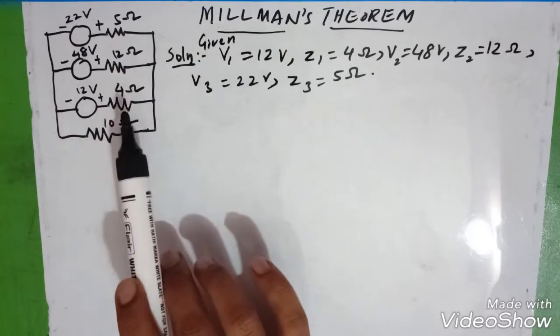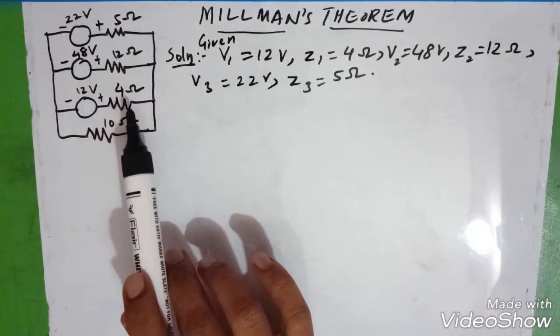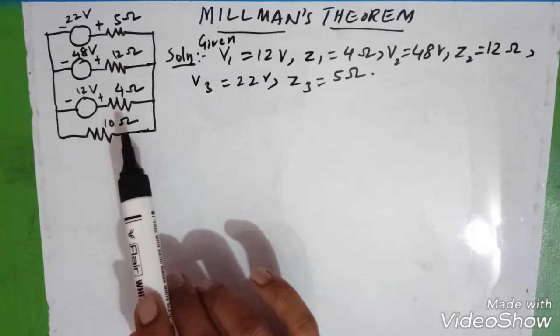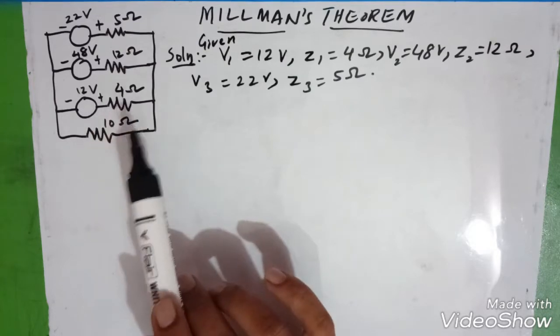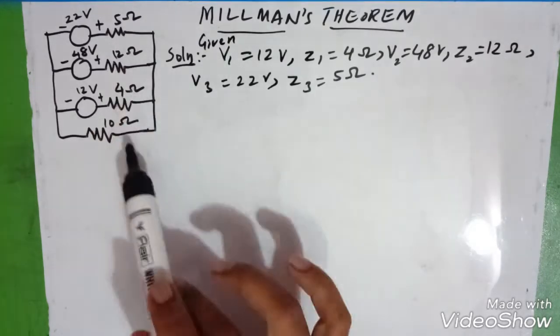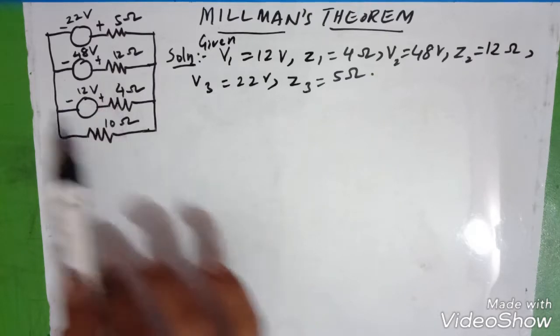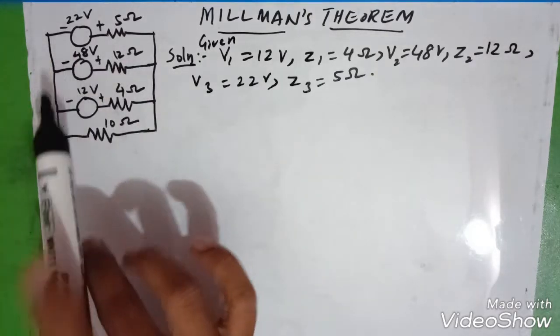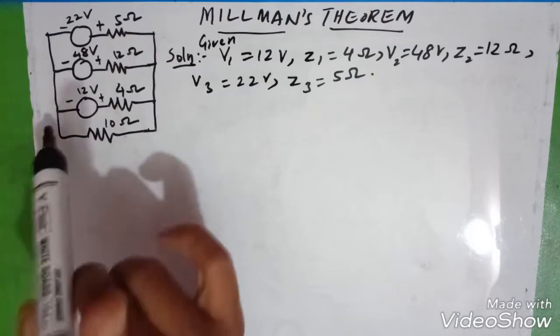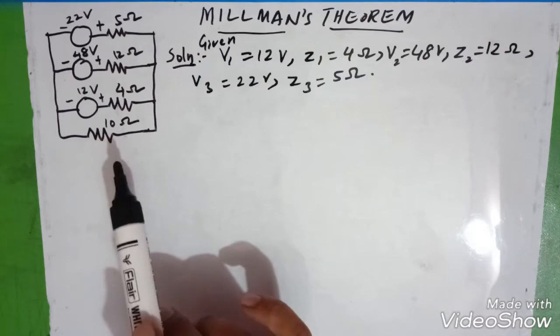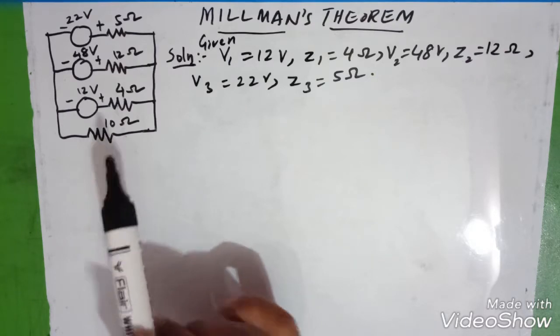if n voltage sources, suppose V1, V2, so on to Vn, having internal or series impedances, suppose Z1, Z2, so on to Zn respectively, are in parallel, then these sources may be replaced by a single voltage source of voltage Vm and having a series impedance Zm.